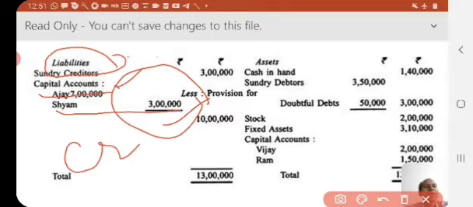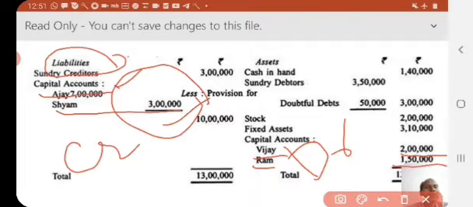And the other partners, Vijay 2 lakhs and Ram 1,50,000, have the debit balances.